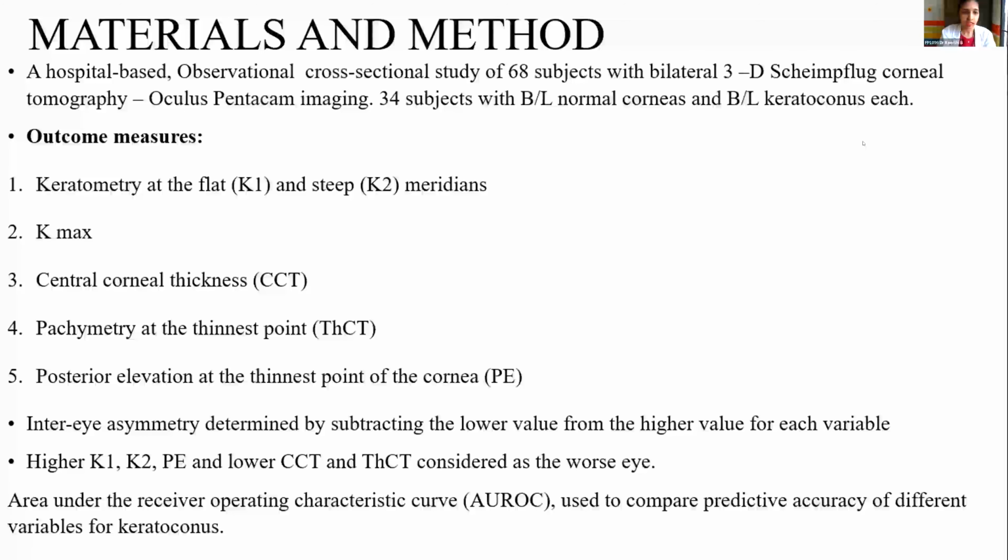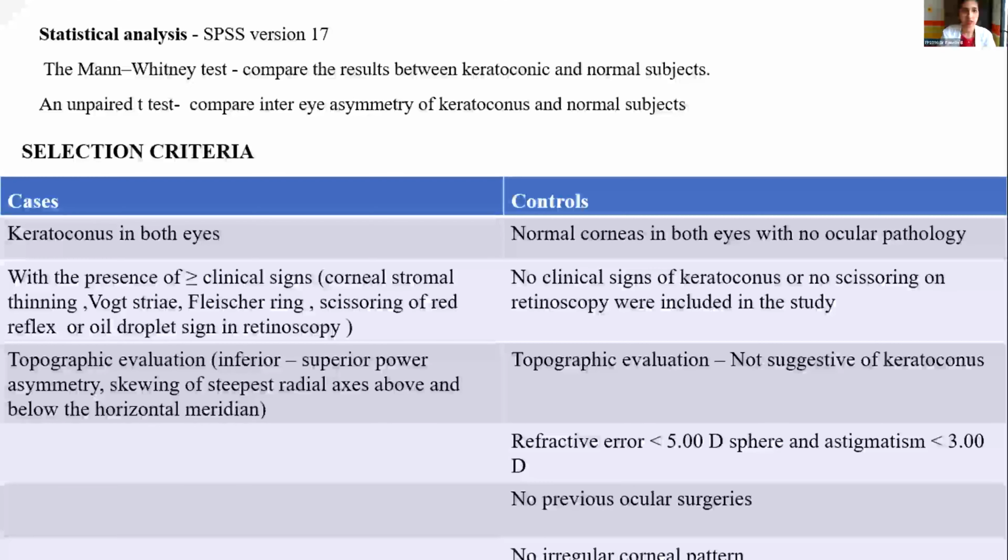The inter-eye asymmetry was determined by subtracting the lower values from the higher values for each variable. The higher K1, K2, posterior elevation and lower central corneal thickness and thinnest corneal thickness are considered as the worse eye. The area under the receiver operating characteristic curve was used to compare the predictive accuracy of different variables for keratoconus.